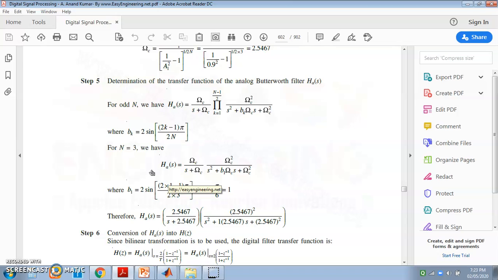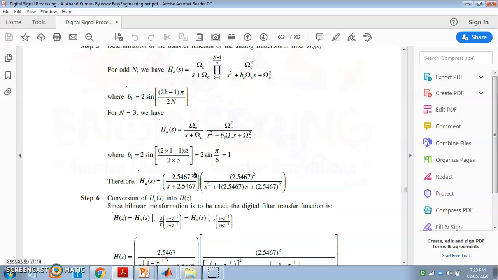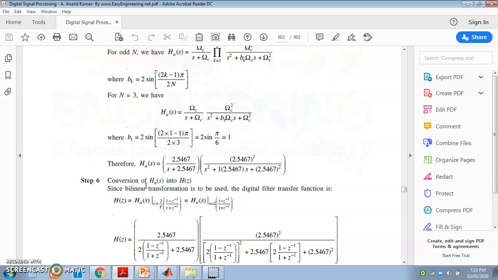As k will range from 1 to 1 only, as capital N is equal to 3, we have the transfer function directly: HA of S is equal to omega c upon S plus omega c, into omega c square upon S square plus b1 omega c S plus omega c square. So b1 is equal to 1 and HA of S is equal to this transfer function.